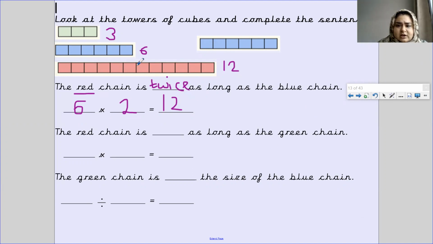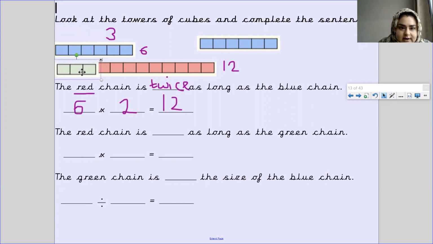If we look at the red chain, it has 12 and the green chain has 3. Now let's see how many green chains I will need to make up the red chain. I'm going to copy it.